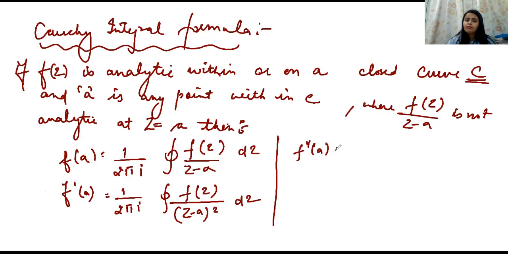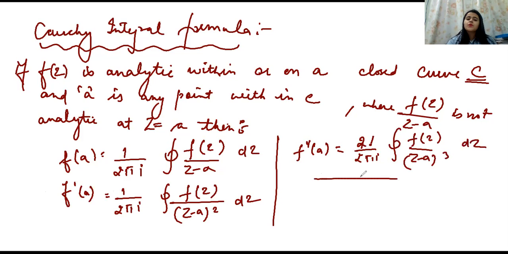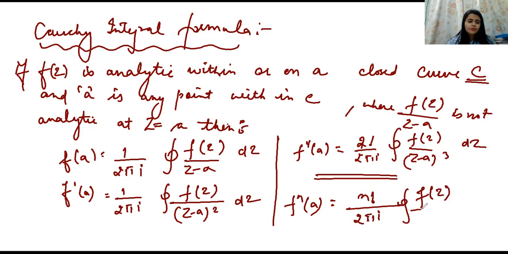Similarly, the double derivative f''(a) is equal to 1 over 2 pi i times 2 factorial, because we have coming powers, integration of f(z) over (z minus a) cube dz, and so on. In general, you get n factorial over 2 pi i times the integration of f(z) over (z minus a) to the power n plus 1 dz. Clear? So this is basically your Cauchy integral formula. These formulas are very important to solve questions.